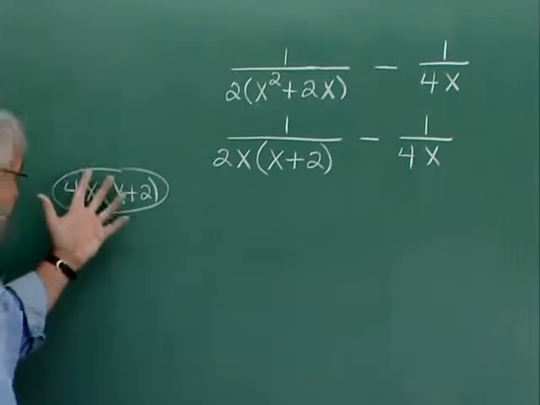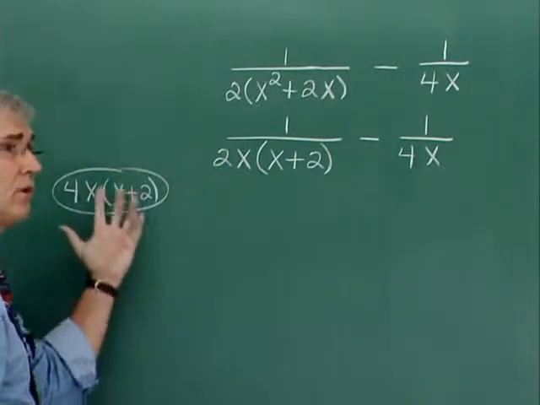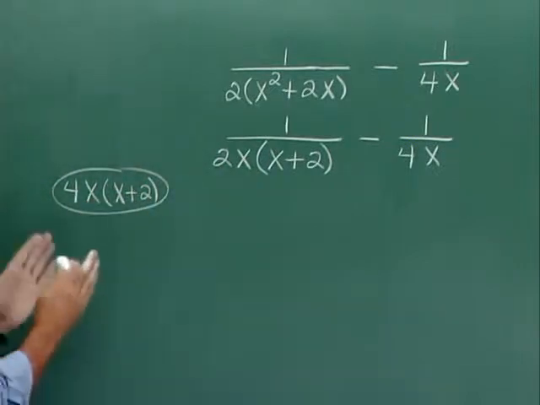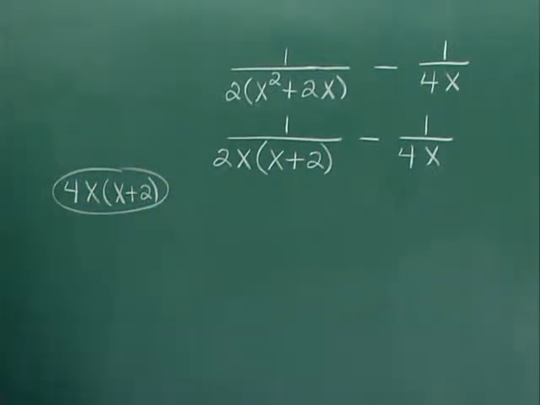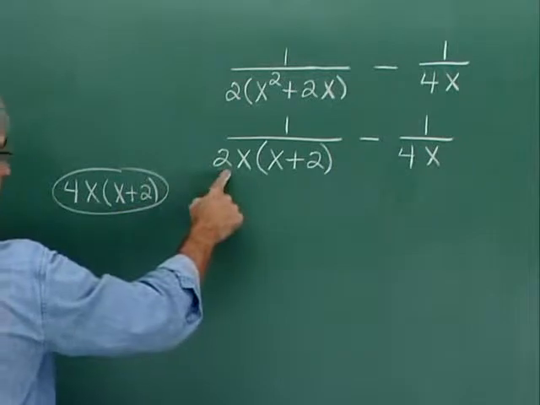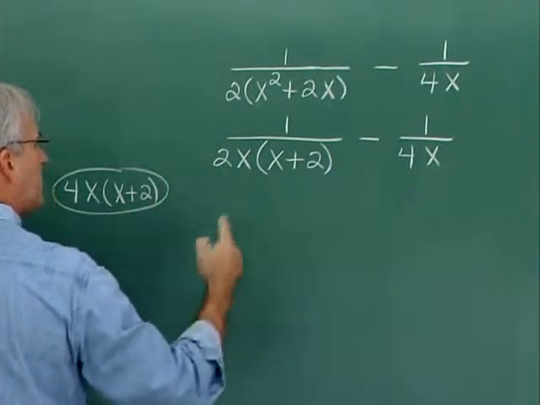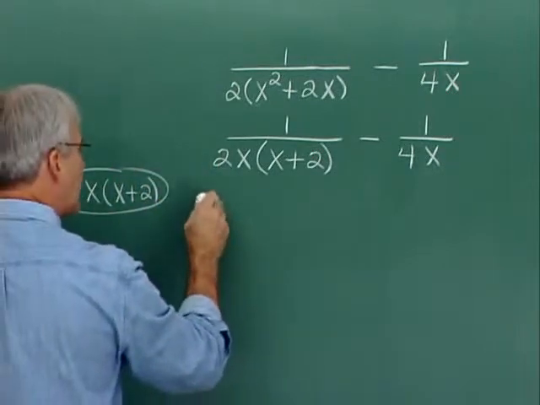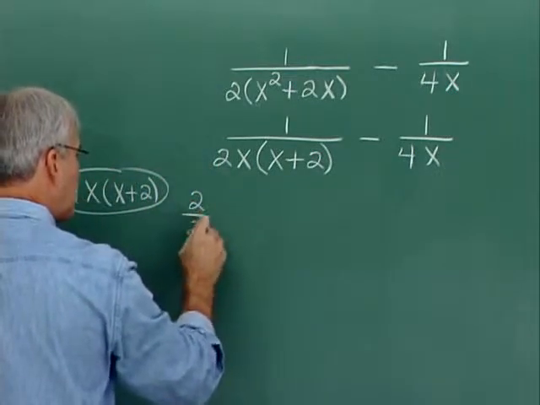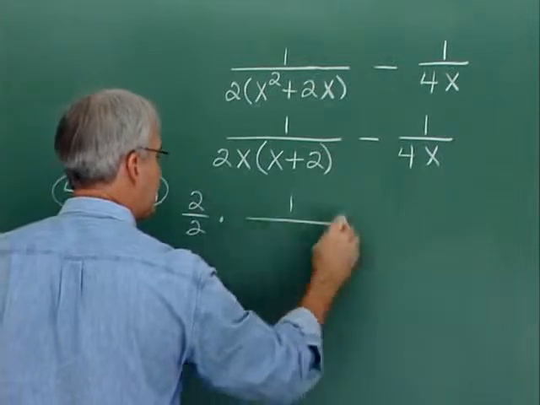Now we can refer to this, compare it to our denominators, and decide what factors need to be multiplied in. All right, so here we're missing, let's see, to make this 2 a 4, we need to multiply in a 2. We have the x plus 2. Oh, this is easy. We just multiply this fraction by 2 over 2. So we're doing this, 2 over 2 times this fraction.